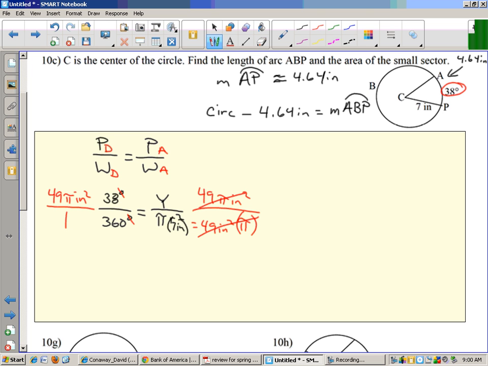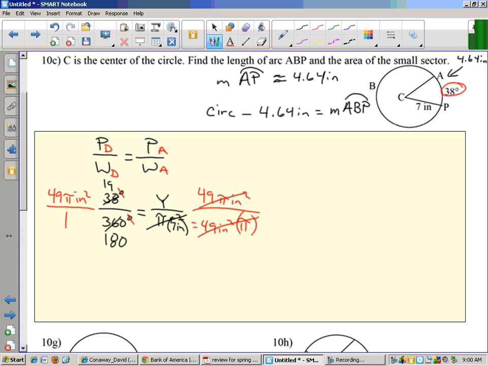And these two are going to reduce to 1. That's gone as well. And I'm going to reduce what I can here. Let's see, 360 and 38. Once again, that's going to be 19 over 180. This is 7 times 7. 180 is not going to have any 7s multiplying into it. So there's really nothing else to reduce here.